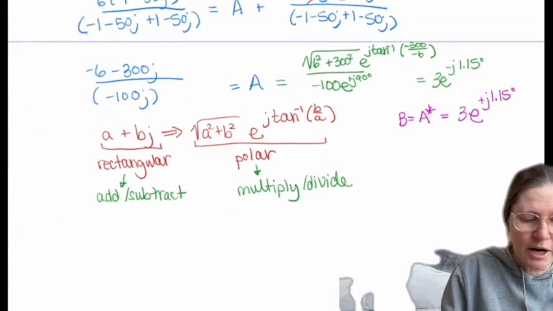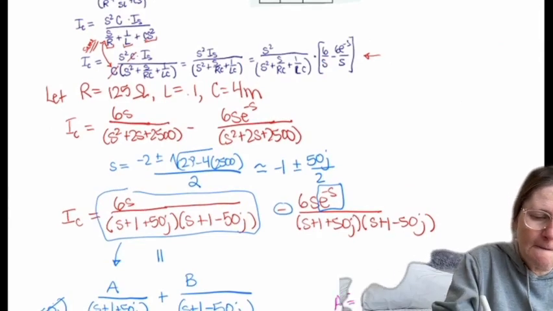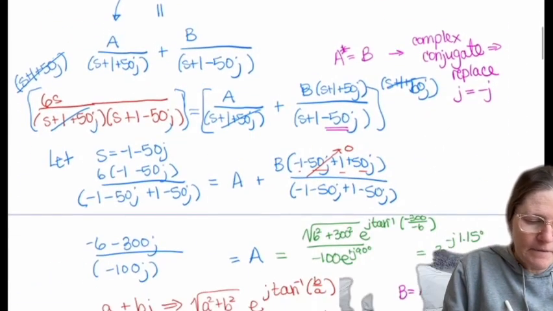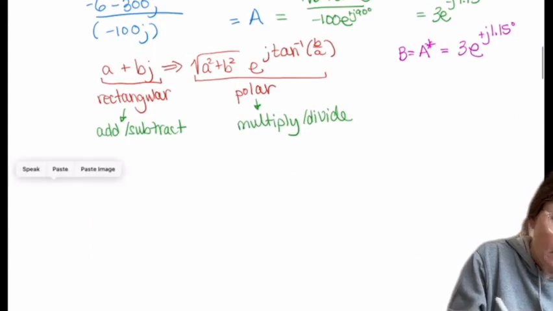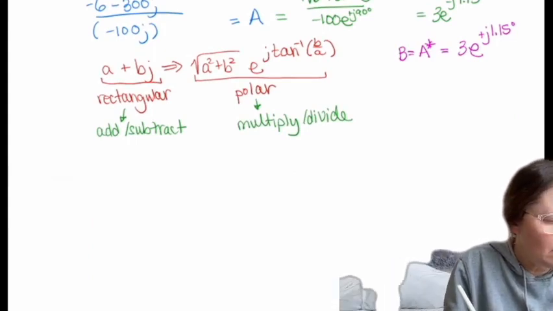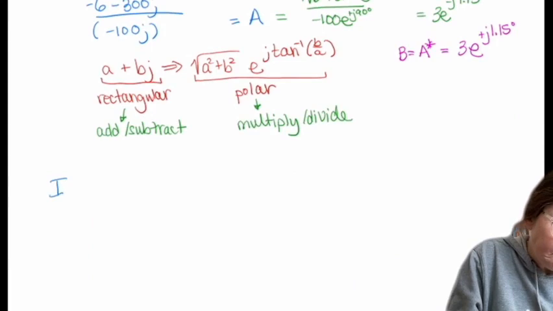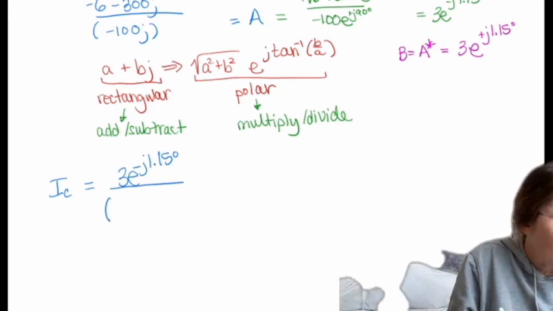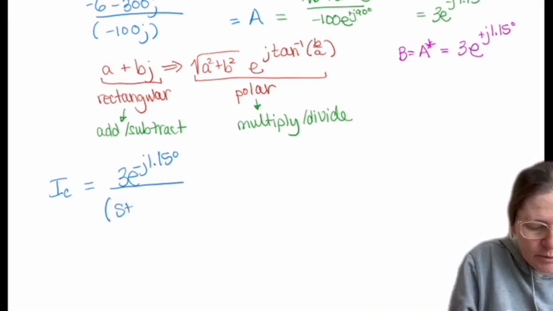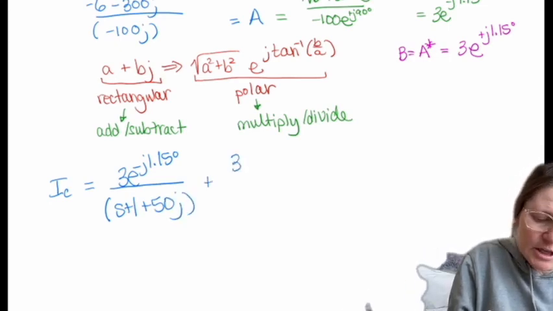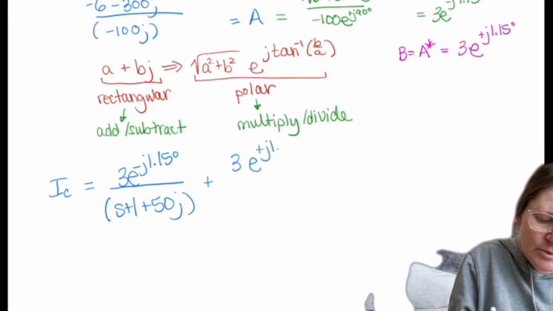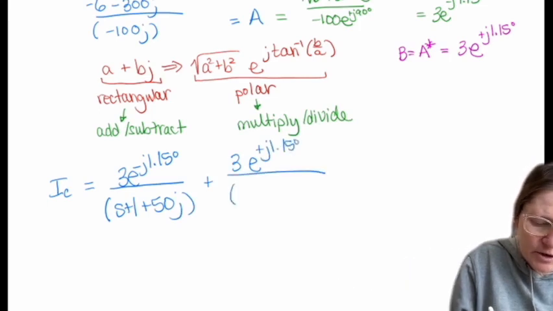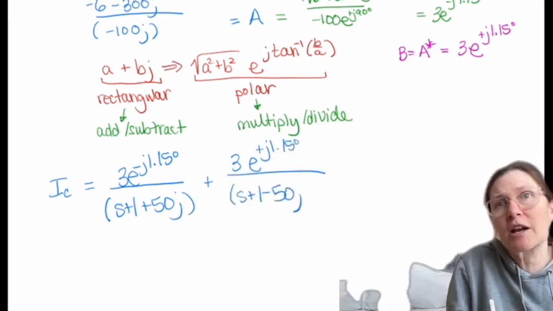So now we can rewrite our ISC as A, which is 3e to the minus j 1.15 degrees, all over s plus 1 plus 50j, and then plus 3e to the plus j 1.15 degrees, all over s plus 1 minus 50j.